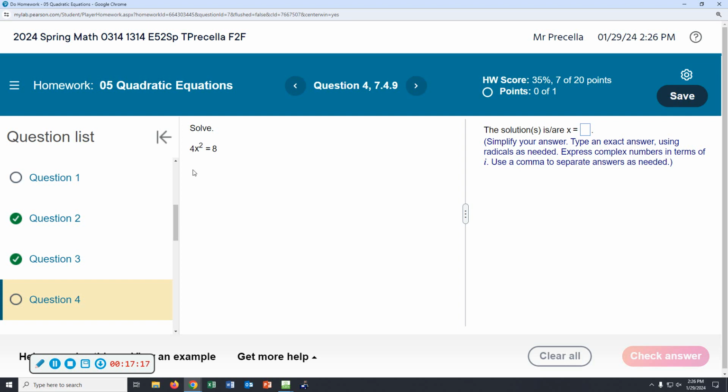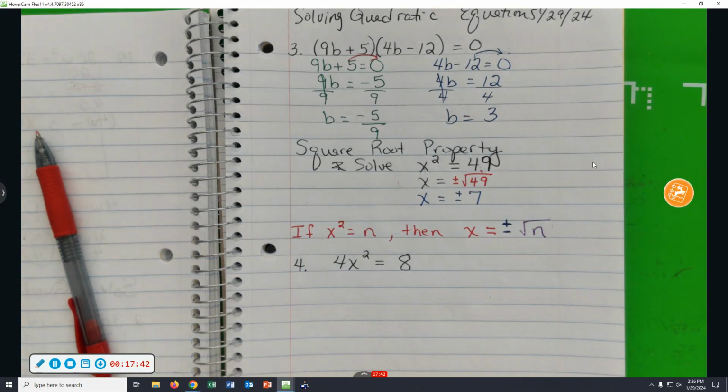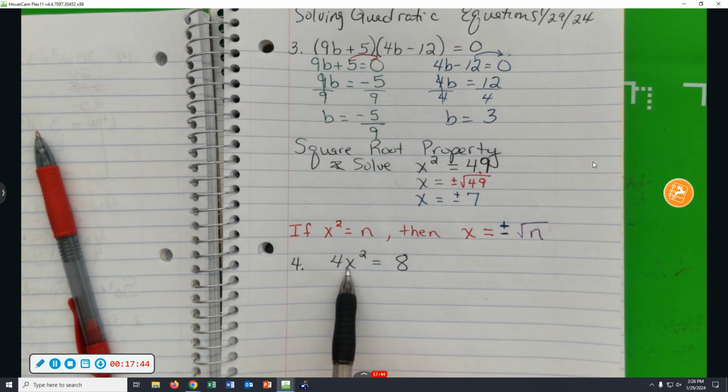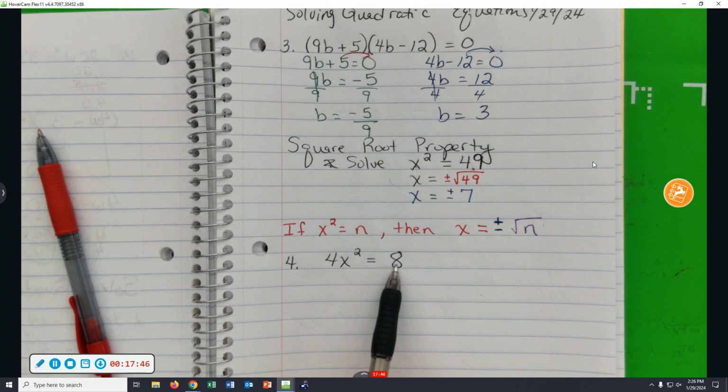We're going to have basically 3 ways of solving quadratic equations today by the time it's over. The first method is factoring. You got that the last time. This method that we're doing here is something called the square root method, and you can use it when there's an x squared but no x. In order to use the square root method, it should just be x squared equals a number.